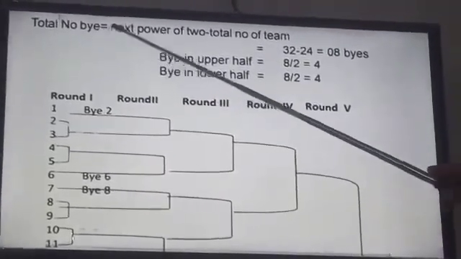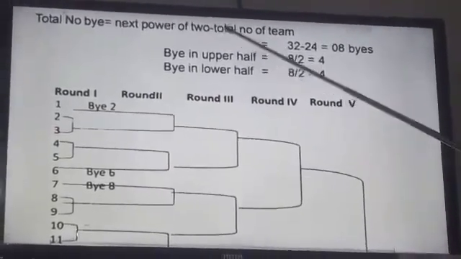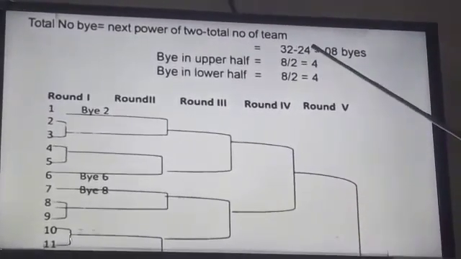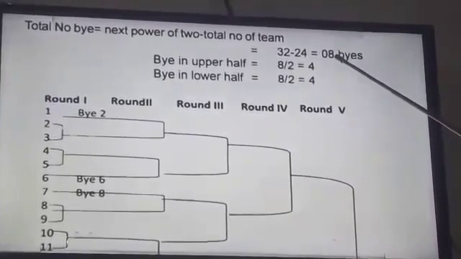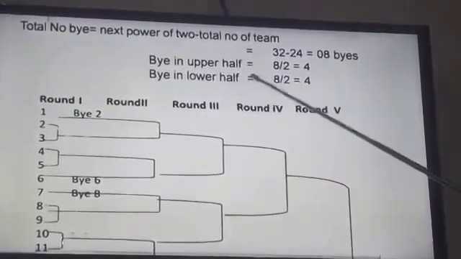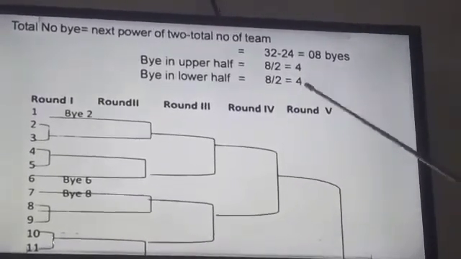Now total number of byes: next power of 2 is 32, and 32 minus 24 is equal to 8. Byes in the upper half 8 by 2 and byes in the lower half 8 by 2, 4 and 4.